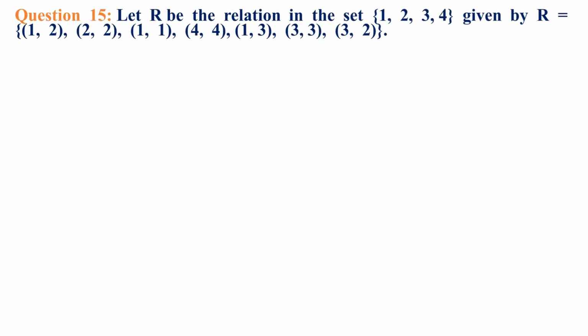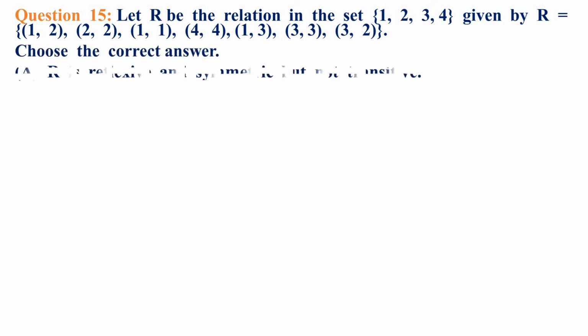Next, question number 15. Let R be the relation in the set A equals {1, 2, 3, 4} given by R equals {(1,2), (2,2), (1,1), (4,4), (1,3), (3,3), (3,2)}. Choose the correct answer. A: R is reflexive and symmetric but not transitive.